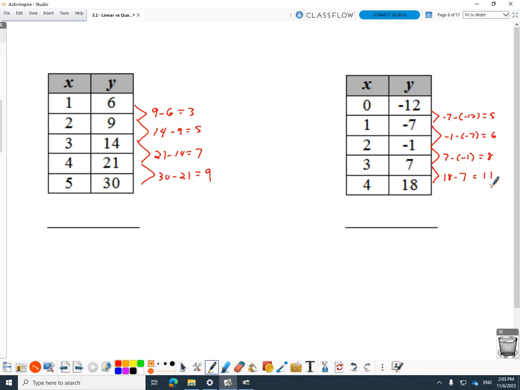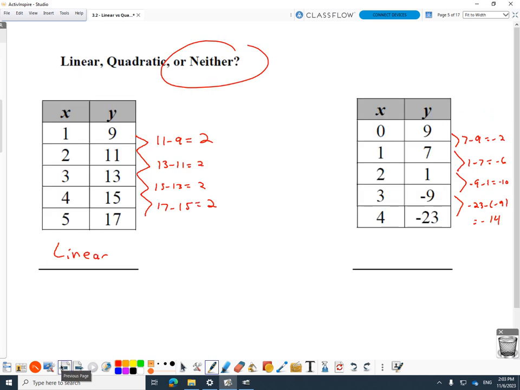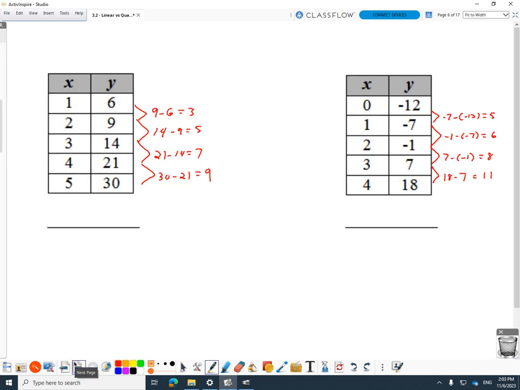Don't get carried away and decide it's quadratic yet. It could be neither. I'm not down to the last 2 tables yet. I'm just on a linear hunt. If you're getting annoyed because I'm not chasing quadratics, it's because I haven't explained it yet.